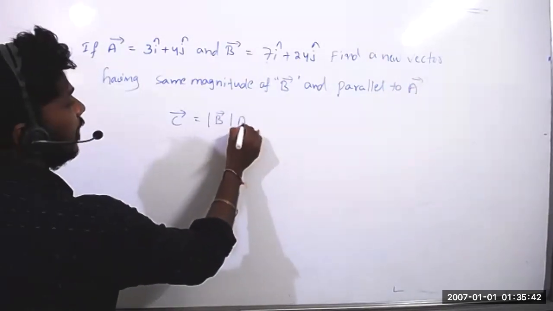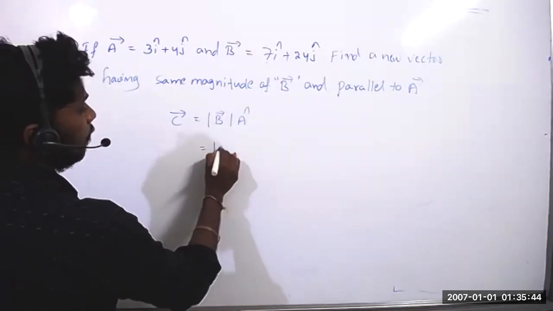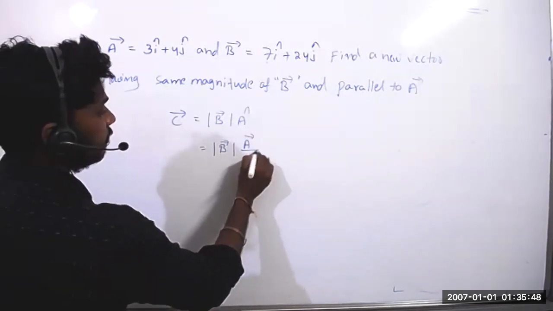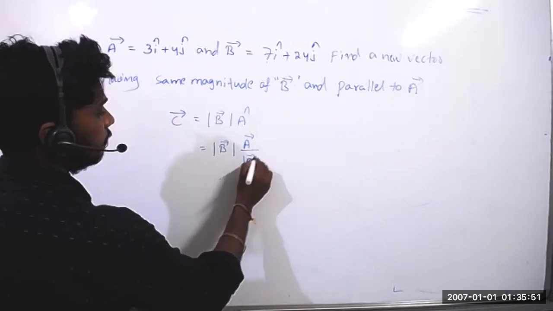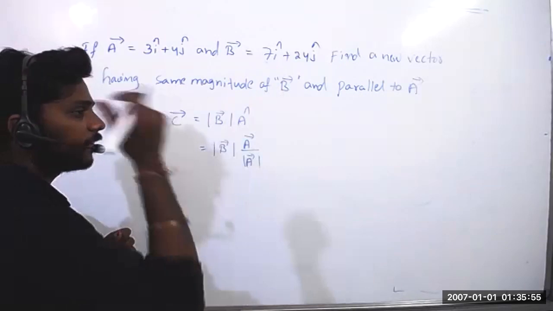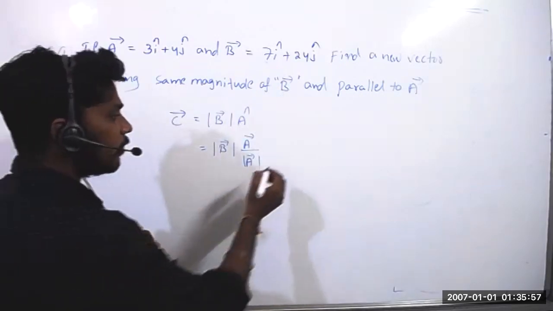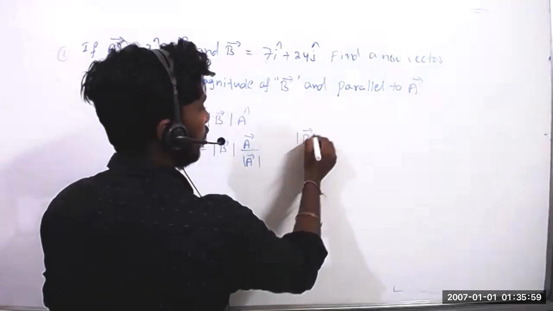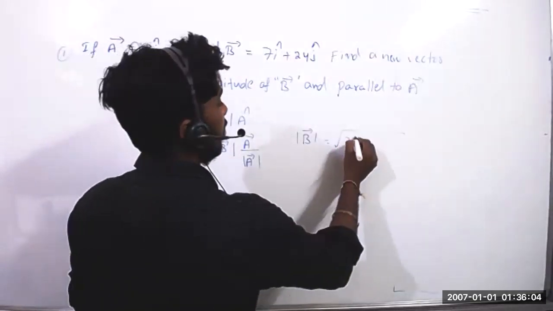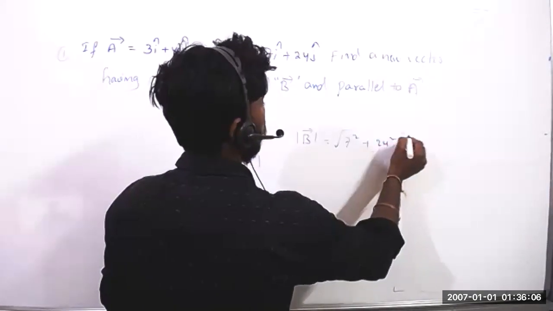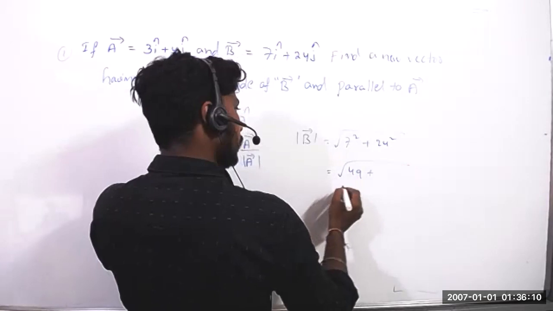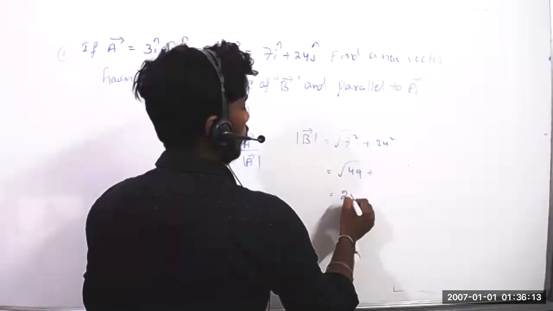A cap means A by its magnitude. Now, do you have B bar magnitude? B bar equals root over 7 square plus 24 square. 49 plus 576, you will get 25.